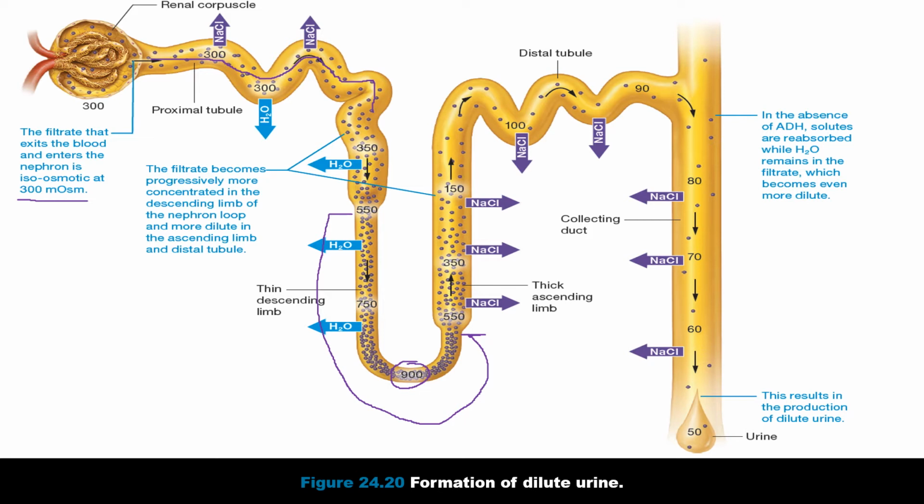And so as it passes up into the distal tubule here, you see it's lost almost 800 units of osmolarity by the time it gets to the distal tubule. And by the time it leaves the distal tubule, it's gone way over that. And so it just continues losing solutes as they're reabsorbed, right? And then we get to this ultra low concentration of urine production, which is mostly water, relatively few solutes. It's dilute urine.